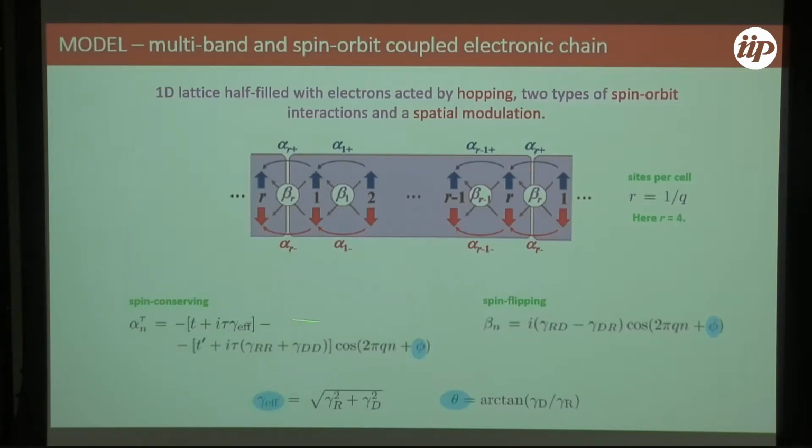From now on, I'm going to take all of the parameters fixed, and only these highlighted parameters: phi, which is the phase shift, theta, which has to do with the ratio between the Dresselhaus and Rashba spin-orbit couplings, and this gamma effective, which also has to do with Rashba and Dresselhaus coupling. So I'm going to construct a phase diagram for this system in terms of these three parameters.